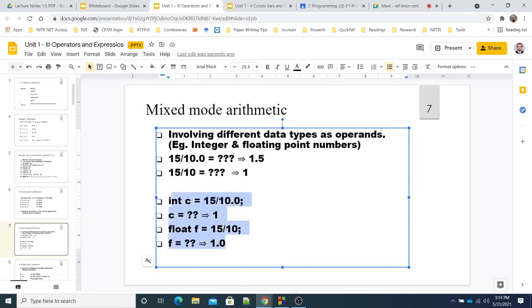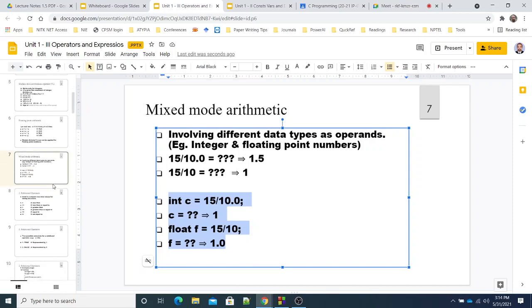Is this clear? Or you can ask any question. Anybody, if it's not clear, you can ask. Yeah, floating type, value wise there is no difference, but how it is treated internally, it is treated as a floating point number.